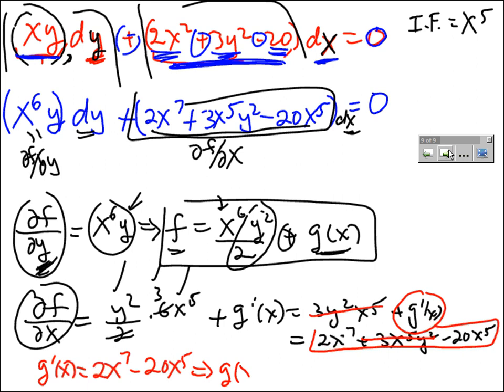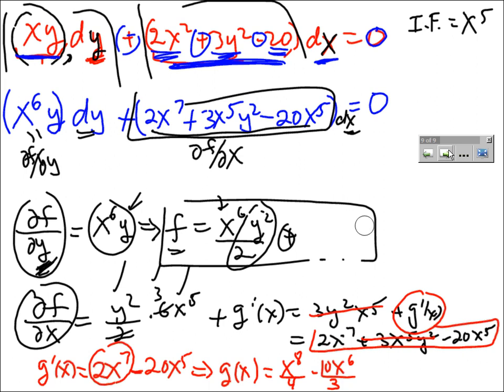Integrating both sides, I get g of x equal to the integral of that, which is 2x to the 8 over 8. But 2 over 8 is 1 over 4. Minus 20x to the 6 over 6. 20 over 6, I divide the 20 by 2 and divide the 6 by 2, and I get that. Okay?